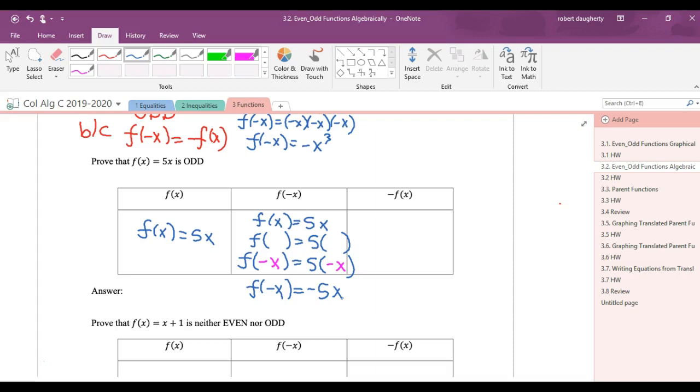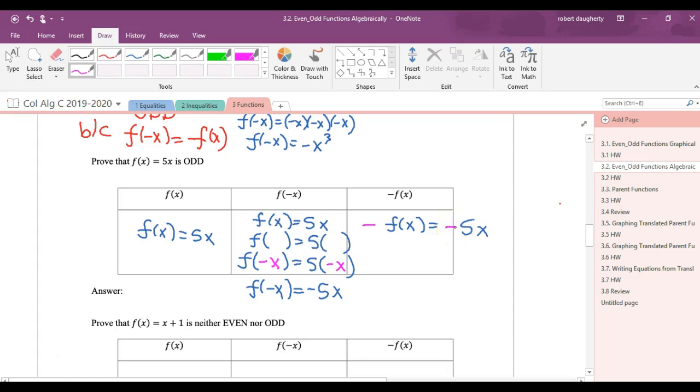Okay. So now we have f of x is equal to 5x. How do I find the negative of f of x? If I put a negative here, I'm multiplying the left side of the equation by negative 1. What must I do on the right? Multiply it by negative 1.